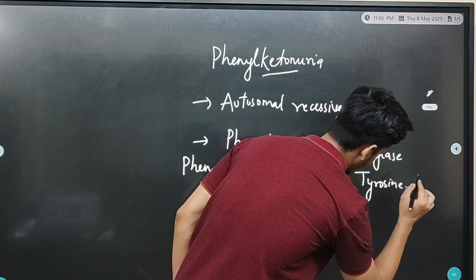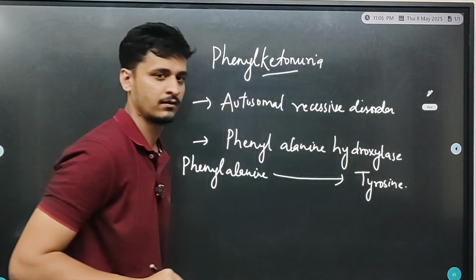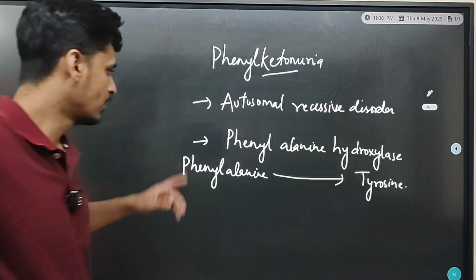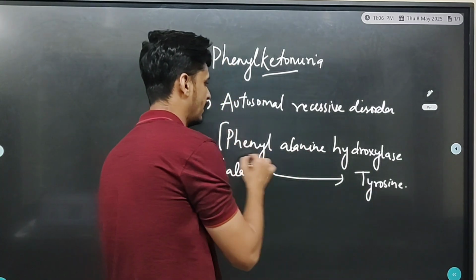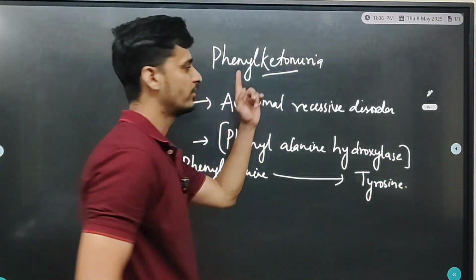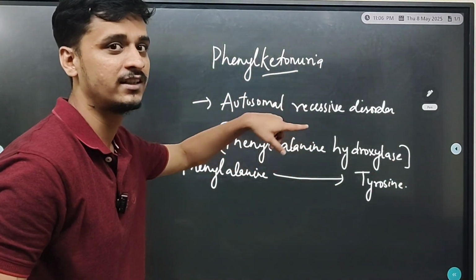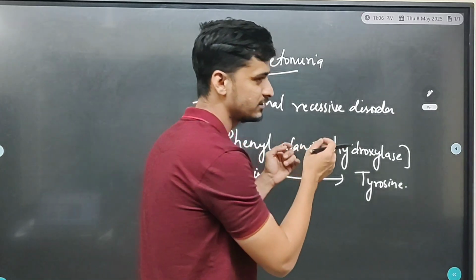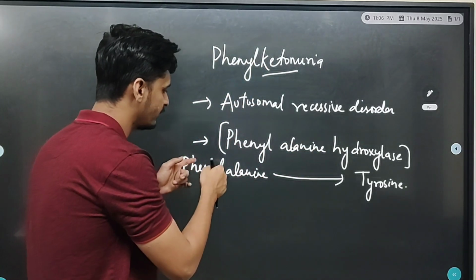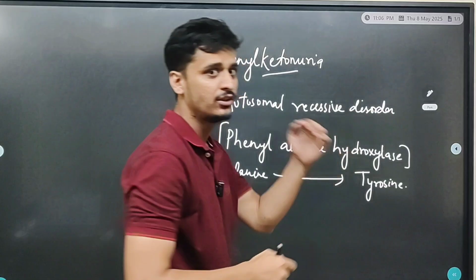Tyrosine is an amino acid. So in phenylketonuria, this enzyme production is decreased due to mutation, so that the conversion of phenylalanine to tyrosine is reduced.